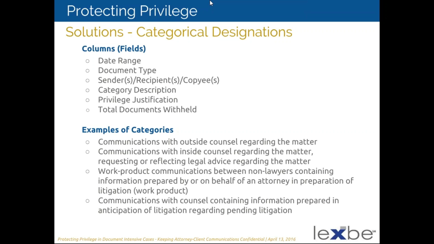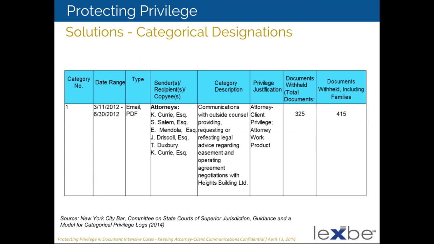And here's an example, and this is just taken from one done in New York. You can see how the categories work: in this one, instead of identifying 415 separate documents, including attachments from the email families, or 325 emails at the family level, it's all one entry in the log showing the overall date range, the senders, receivers, copies, and the overall detail of the communication.